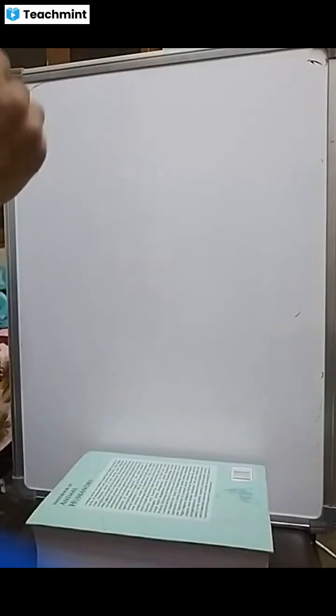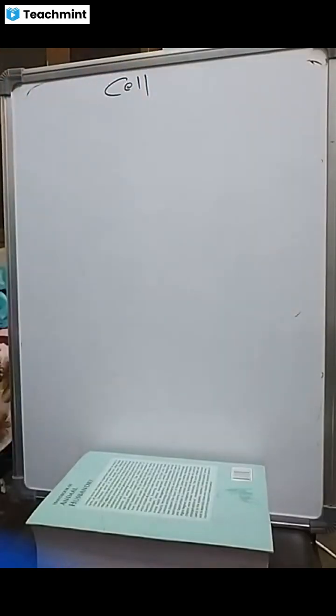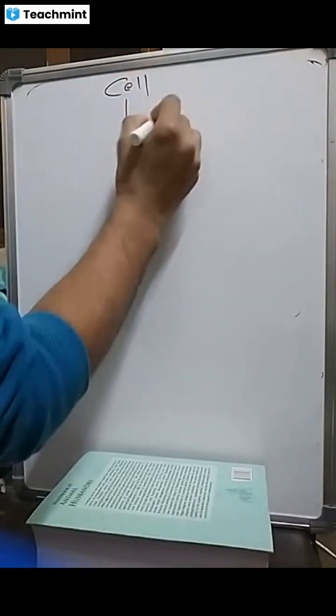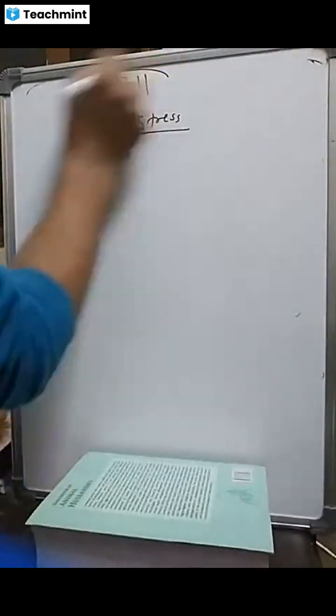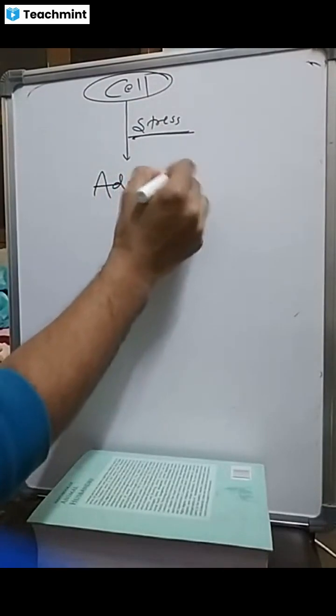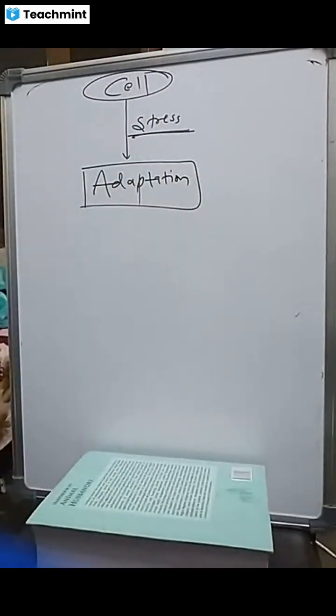So in general pathology, last time we have seen a cell which is undergoing stress. First, it tries to adapt itself. These are known as adaptations.